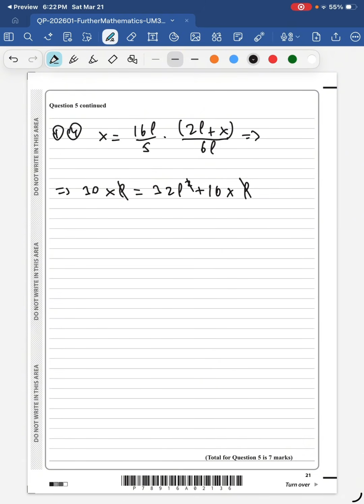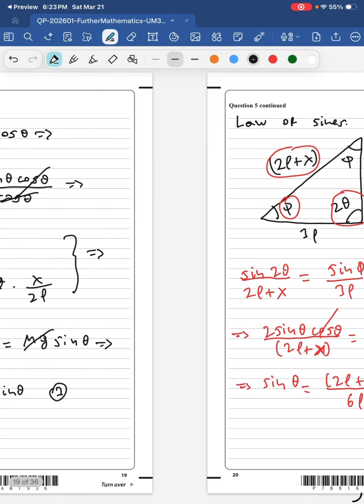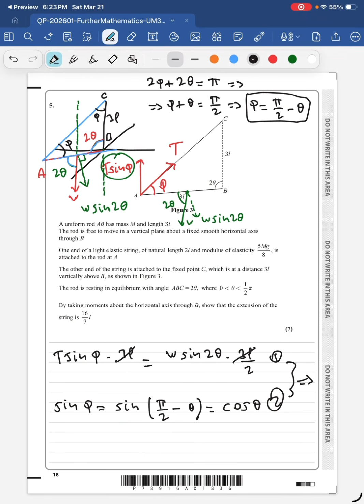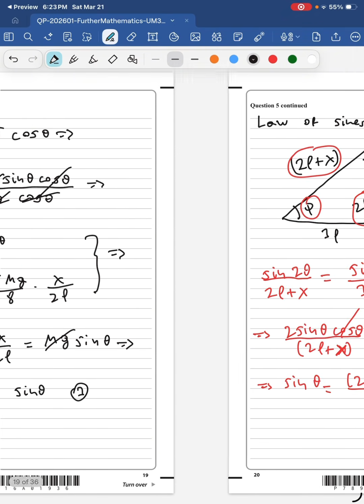So L cancels, and we find 14x is equal to 32L. So x is 16L over 7. That's the answer. Okay, it was a long problem, but we found what we were looking to find. Okay, let's move on. I hope this made sense.